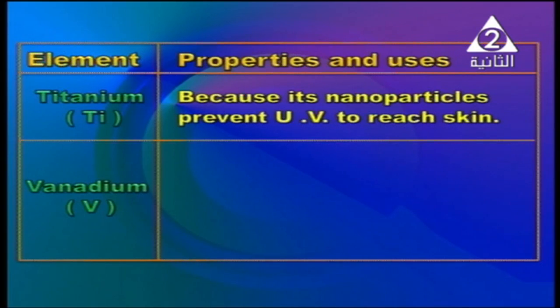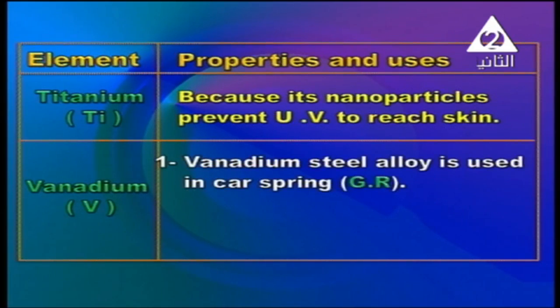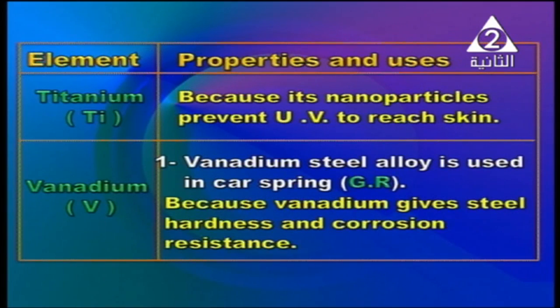The next element is vanadium. Vanadium steel alloy is used in car springs, and we have to give the reason for this point: because vanadium gives the steel hardness and corrosion resistance.